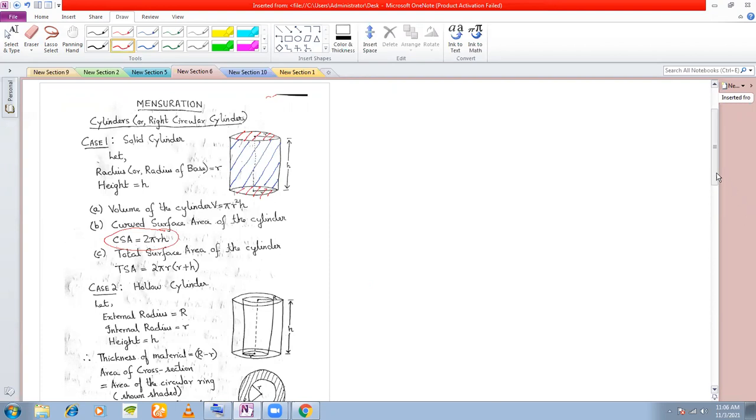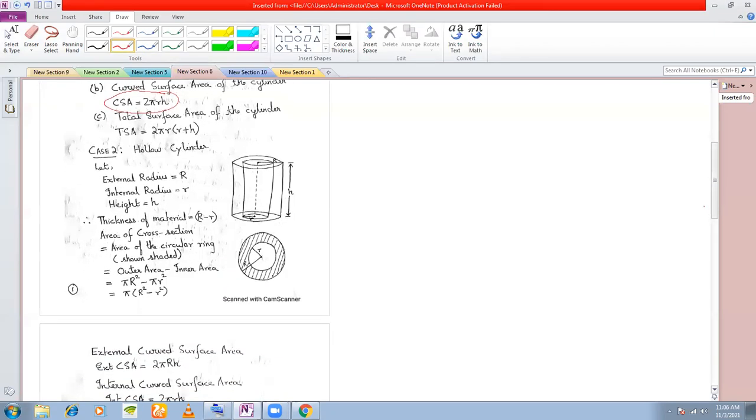Okay, let us come to a hollow cylinder. What do you mean by hollow cylinder? Hollow cylinder means that you have a certain cavity inside. For example, in the case of closed tin cans, if you have seen a Milkmaid can, there is a hollow space inside in which the Milkmaid is put, right? And you have a certain thickness of the tin also, of which it is made.